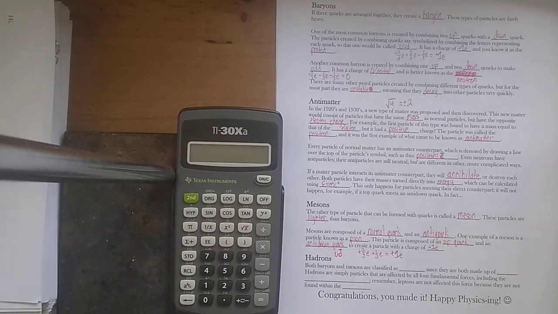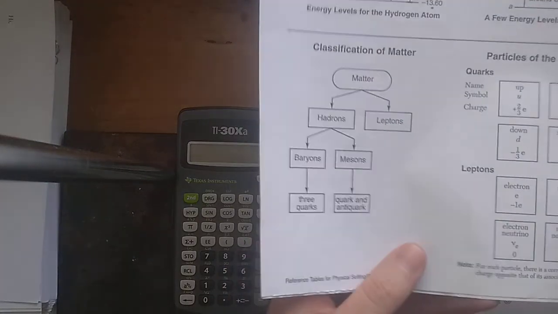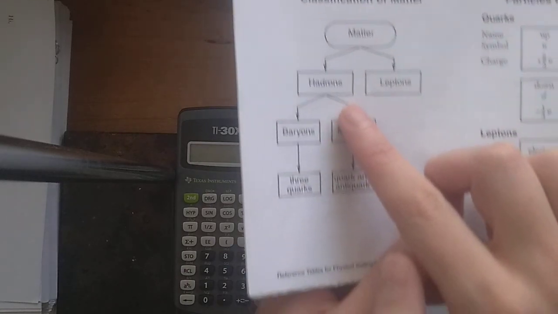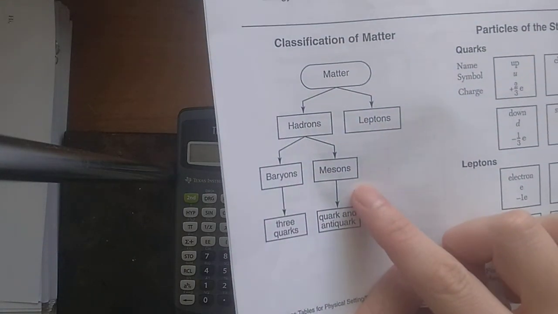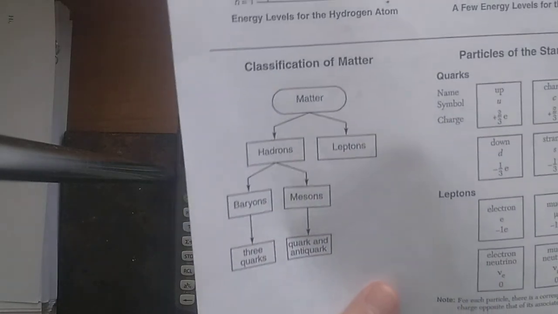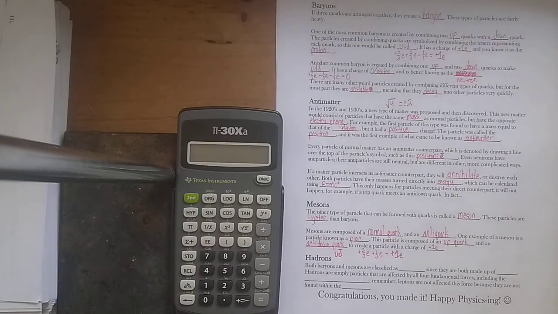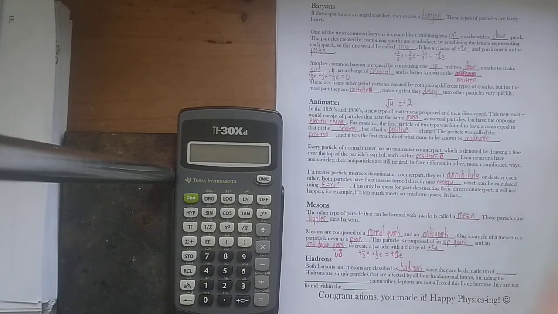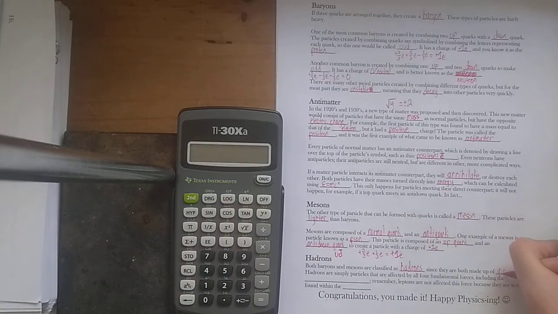Now, for our last category, we have hadrons. And if you look at the chart, hadrons are just anything that are made up of quarks, okay? Hadrons can be split into baryons and mesons, and baryons and mesons are just particles made up of quarks. So a hadron is anything made up of a quark. They're both made up of quarks.